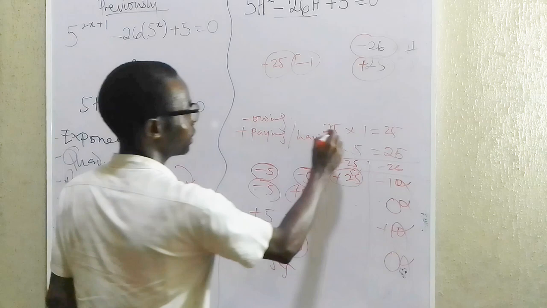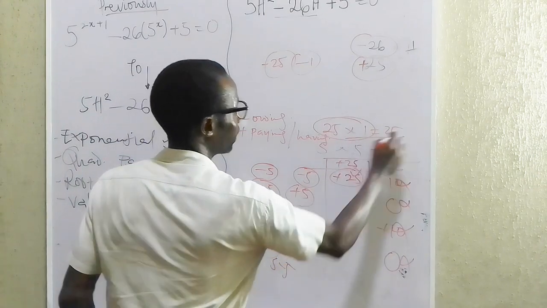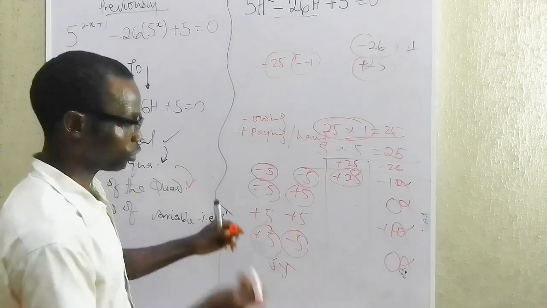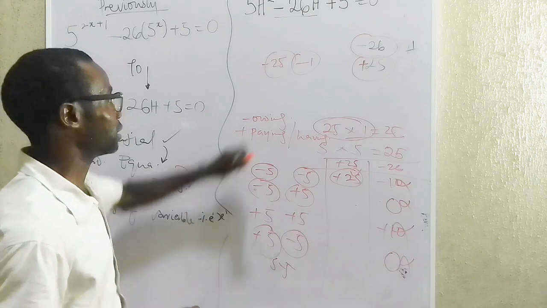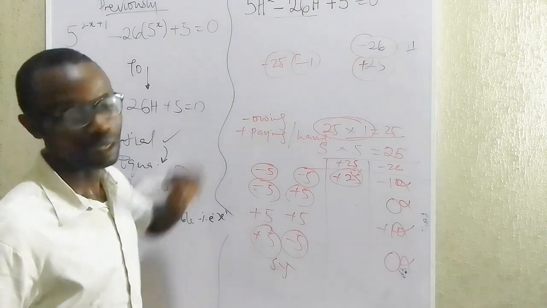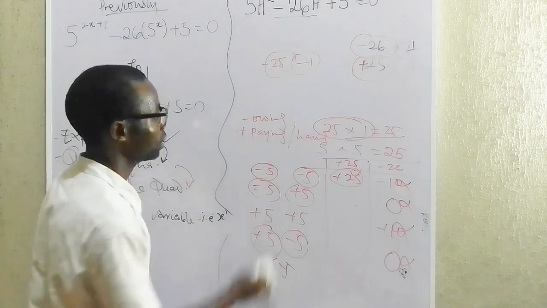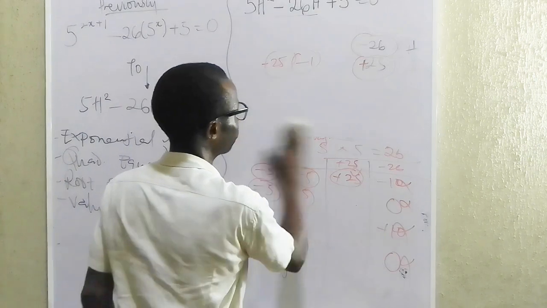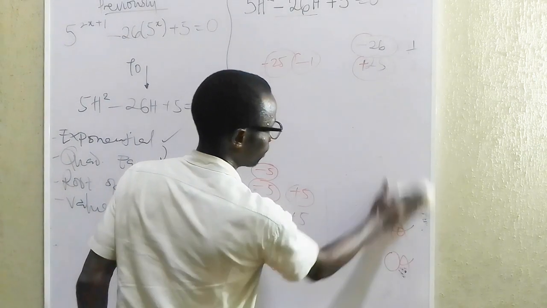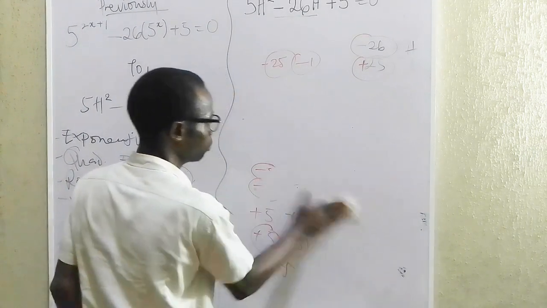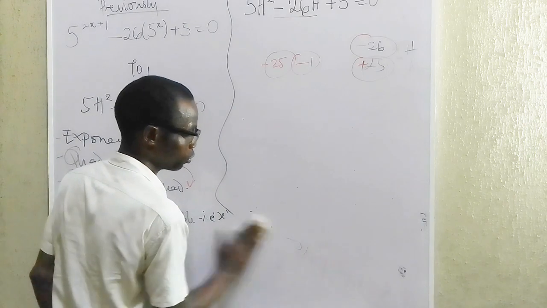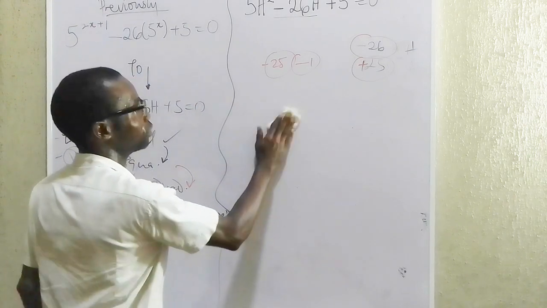What would have worked is anything about 25 and 1. But then the combination of 25 and 1 that would have worked is minus 25 and minus 1. That's what would have worked. So in this, we took time to find out what will work, so we'll know what to use in finding the roots.